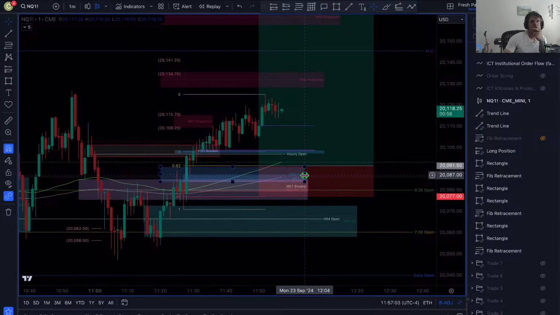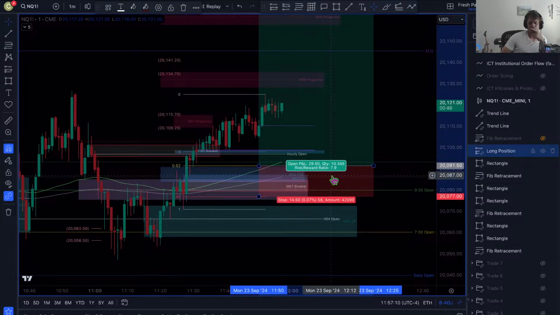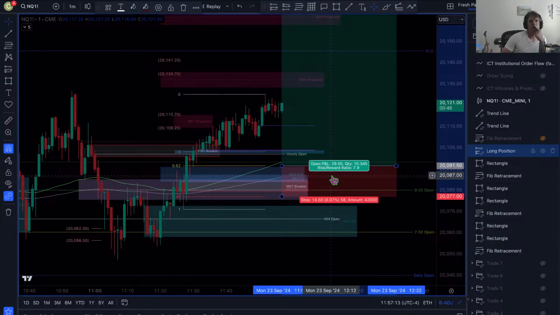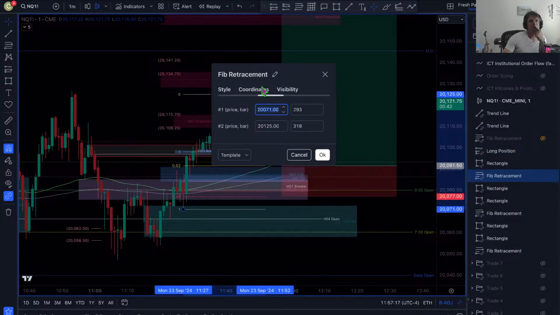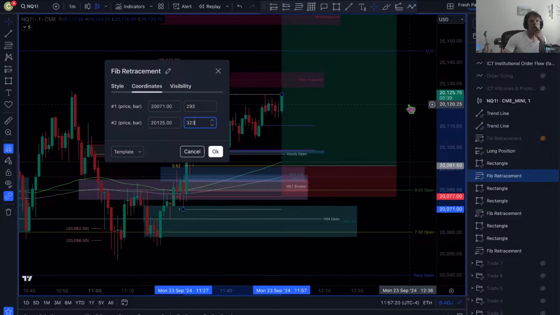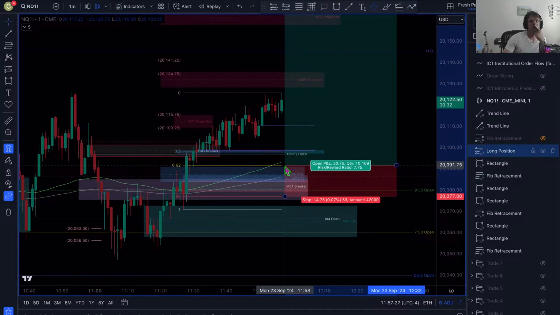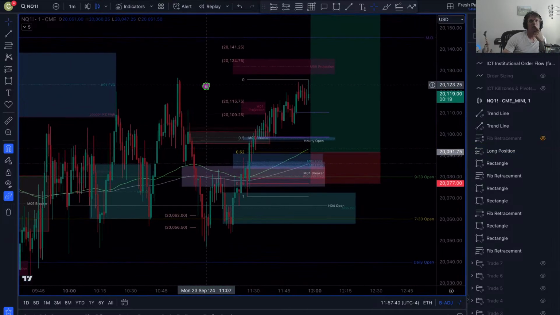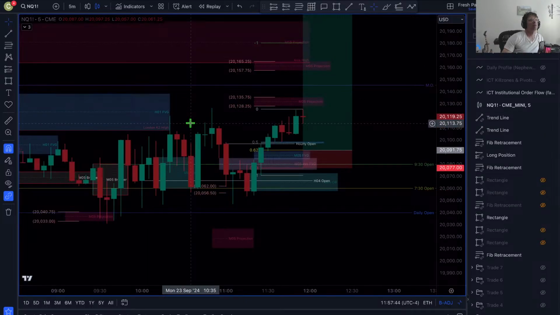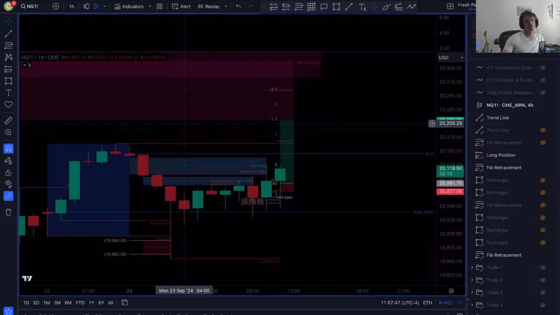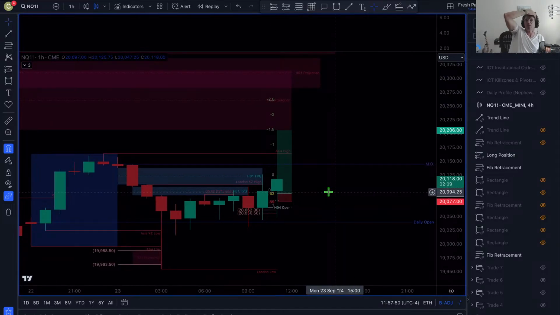See where my entry is. Back down and liquidate that bottom.